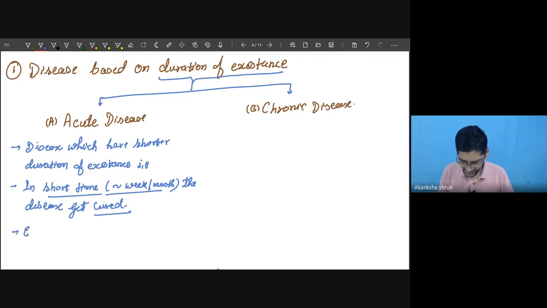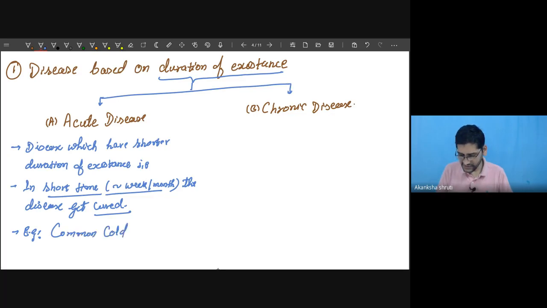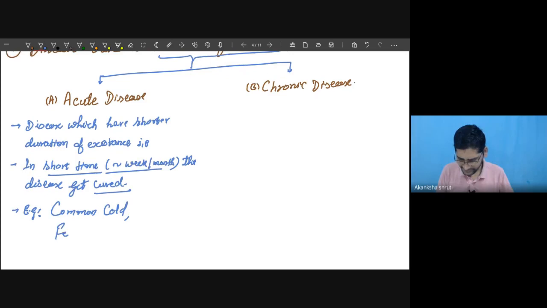Write down the example. What are the examples, students? Like your influenza or common cold. Common cold: just after a week, taking some medicine, you will get cured. The common fever, not the malaria fever and others.